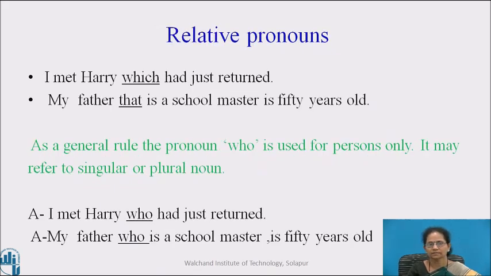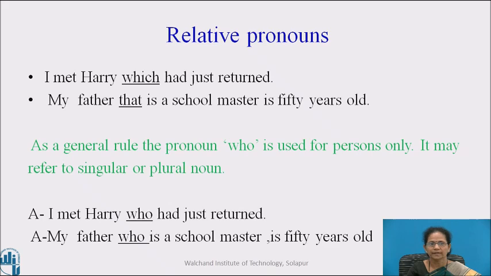Now let us discuss some examples of relative pronouns. See the example. I met Harry, which had just returned, and my father, that is the schoolmaster, is 50 years old. In these two sentences, we have used which and that as relative pronouns.